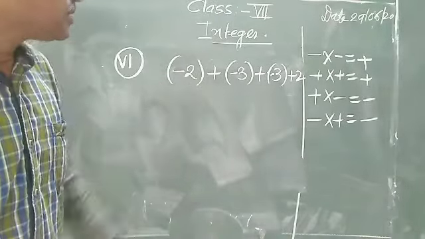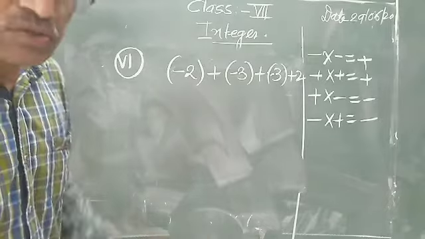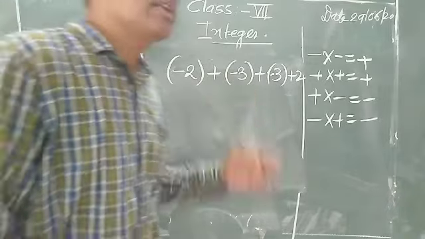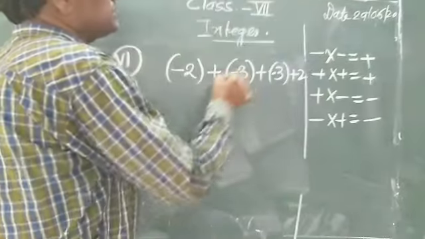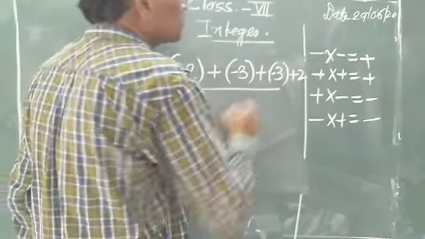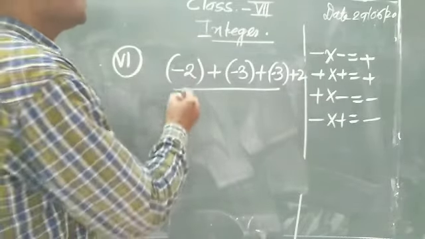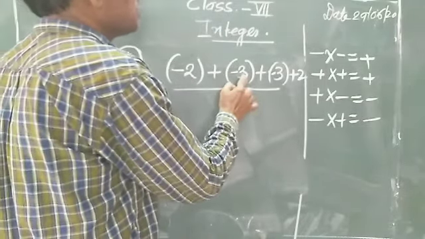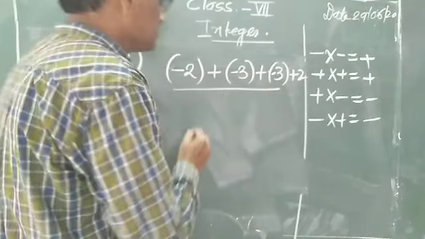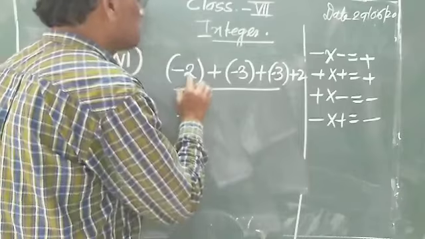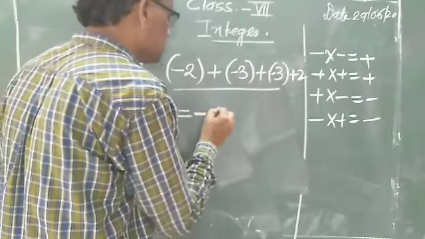You see here, there are also more than 2 integers. First of all, we consider all 3 negative numbers here. Here you see 2 plus 3 is 5, 5 plus 3 is 8. Therefore, the sum of the negative numbers is negative 8.